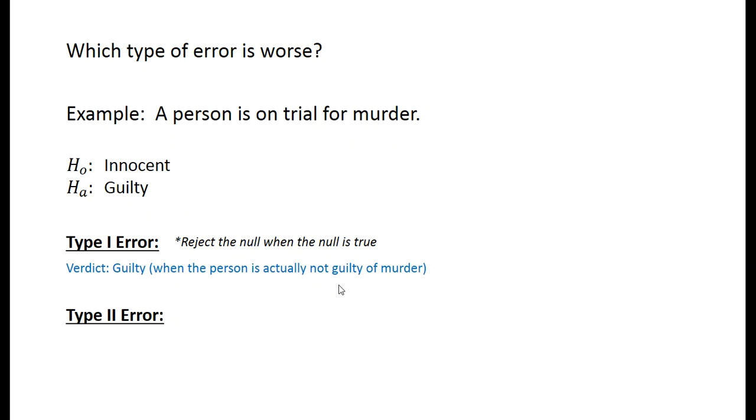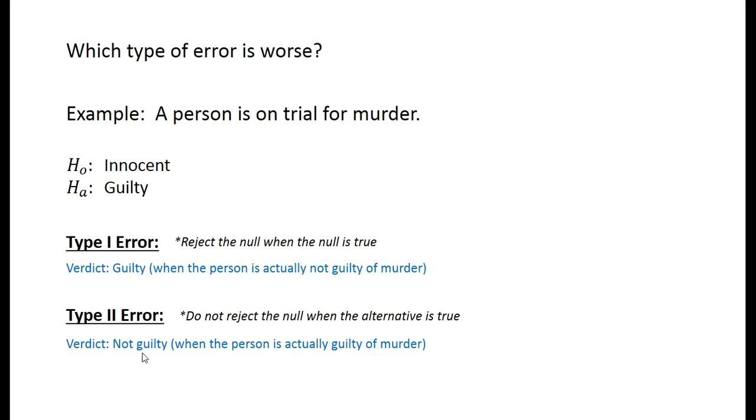We never really say innocent in a court of law, so we'll just put not guilty. For a type 2 error, we do not reject the null when the alternative is true. So our verdict would be not guilty when the person is actually guilty of murder.